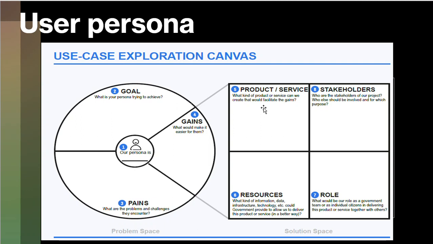Number 7, role. What would be our role as a government team or as an individual citizen in delivering this product or service together with others? So maybe a lecturer can provide a special service or special tutorial for the students to help them cope with the subject matter in a better way, right?